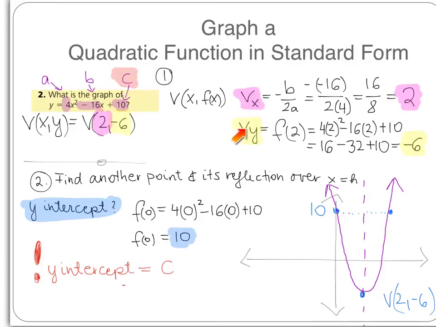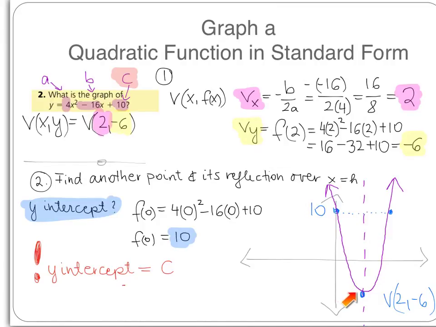And then find the y-coordinate of the vertex by plugging x = 2 into the original equation. And after some calculations, we get -6. Now that we know that the vertex is at (2, -6), we have this point, the most important point. I can immediately plot that onto the graph.